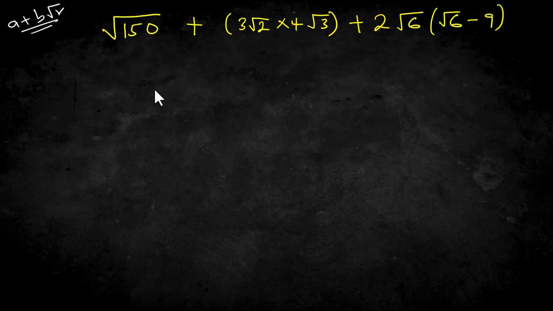All right, so let's observe the surds. We have root 2 here, we have root 3 here, so root 6. Let's divide 150 by 6 and see if we get a perfect square.